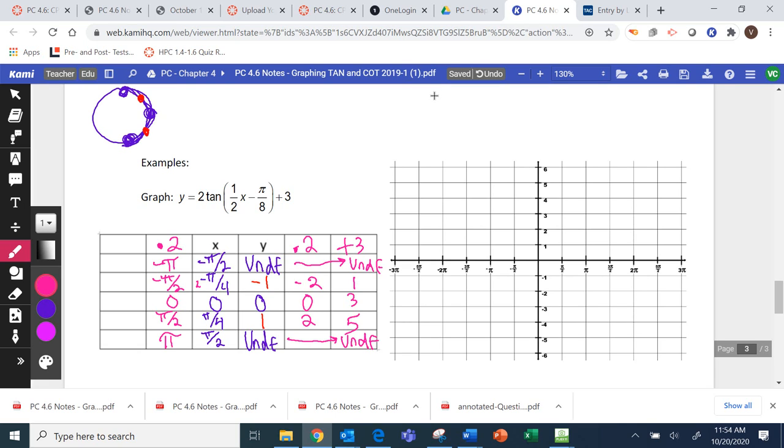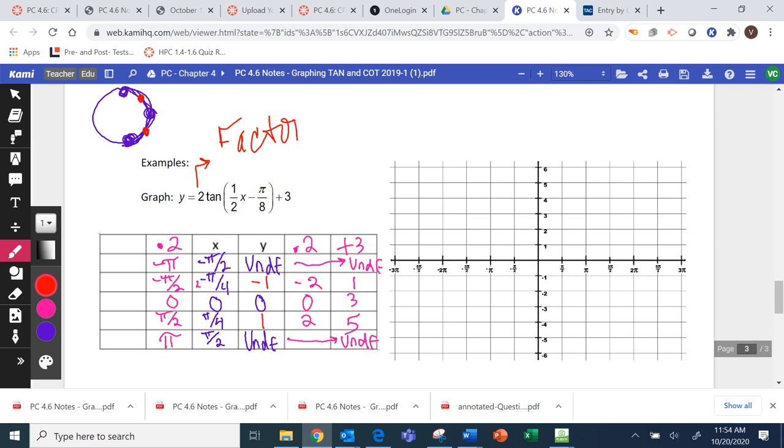Now, what am I going to do in the final column? Caleb. Where did you get pi over 4? Because I do not see a pi over 4 in my equation. Okay, so I need to factor still, is what he's saying.